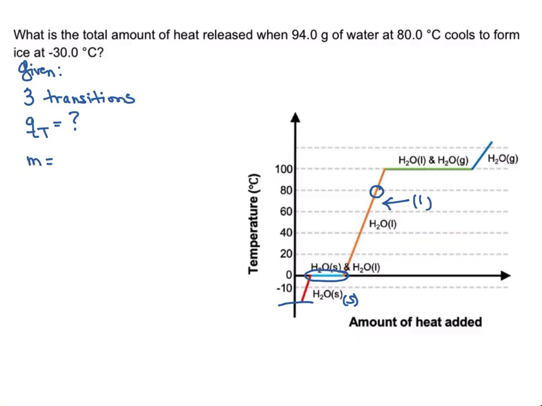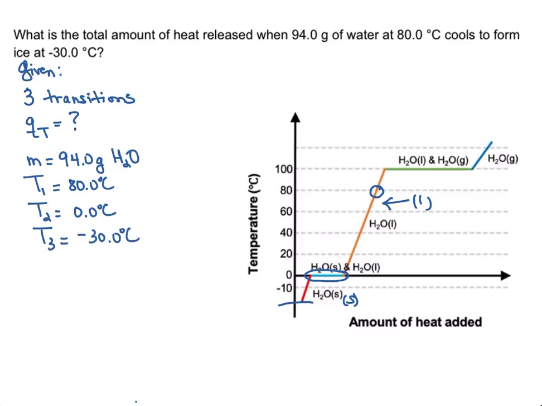They start us off with the mass of water. Initial temperature is 80 degrees Celsius. We know that it cools to form ice, so that's going to be my second temperature. Ice gets formed at 0 degrees Celsius, and then that ice cools even further to negative 30 degrees Celsius.